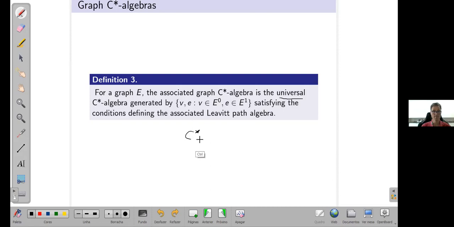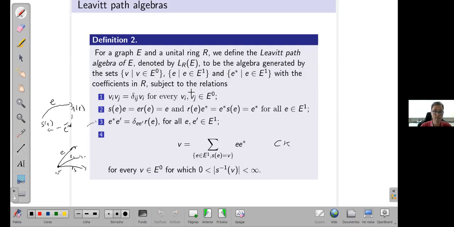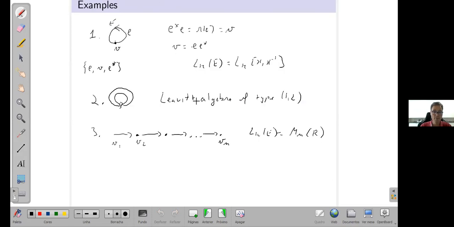What is interesting to note here is that the graph C star algebra can be seen as the closure of the Leavitt path algebra over the complex numbers, under a suitable norm, of course. So the Leavitt path algebra is dense inside the graph C star algebra.